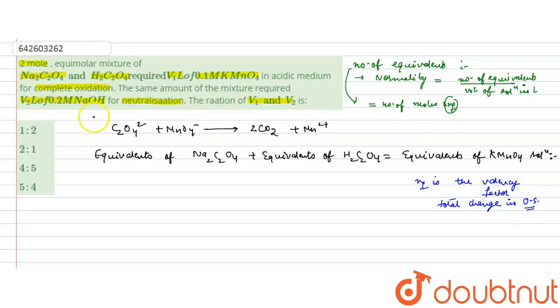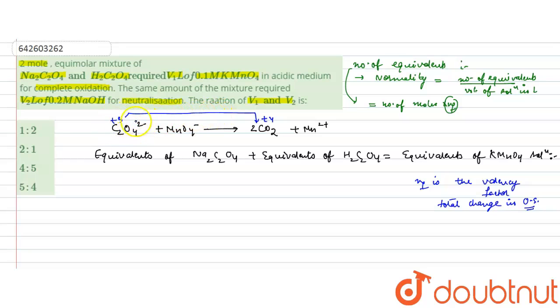So we will see, the oxalate ion from Na2C2O4 and the oxalate ion from H2C2O4 have the oxidation state of carbon as +3, and when it is oxidized to carbon dioxide, its oxidation state is +4. It means one carbon, when it changes to +4, loses one electron for oxidation. So for 2 carbon, 2 electron loss.